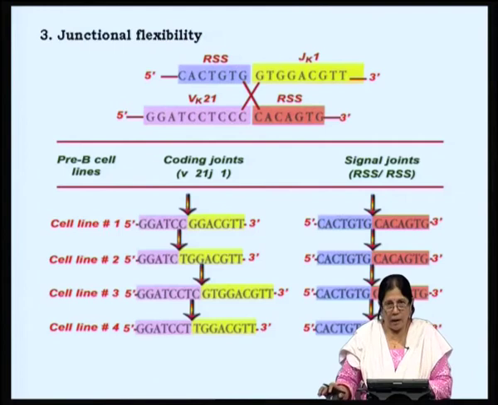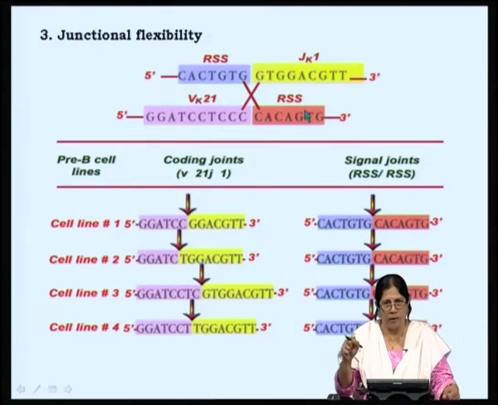Now, the two RSS, which are, if you remember, heptamer and the AT rich nonamer, they come very close in proximity, and this is done by the RAG1 and 2, which recognize these signal sequences, they bind and recognize and they bring them together. Now, cutting of the single strand DNA occurs by RAG1 and 2 precisely at the heptamer.